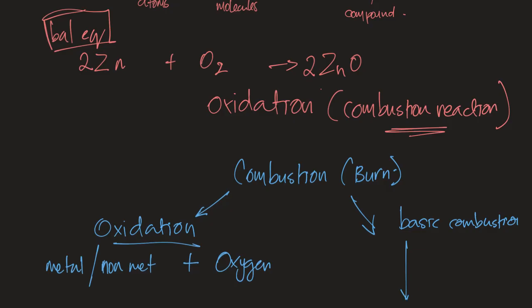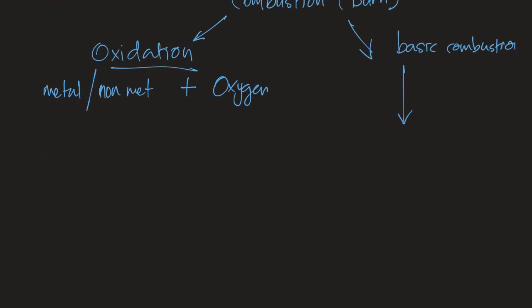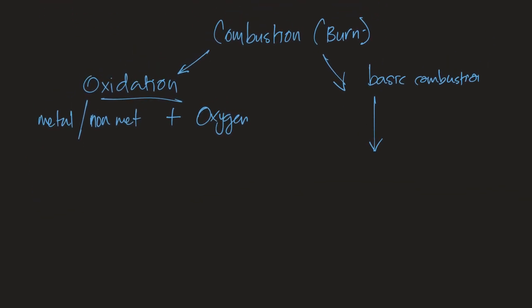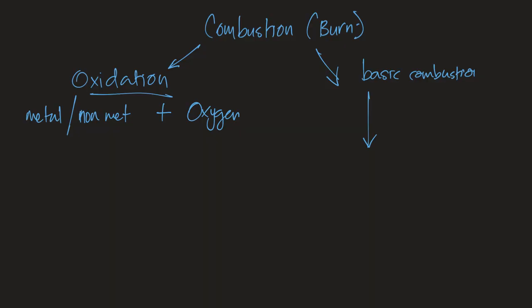And how I get that is, this is normal, like petrol, how petrol works, paraffin, gasoline, octane, propane, gas tanks work like this. We have a fuel plus oxygen, and that always gives us carbon dioxide plus water.